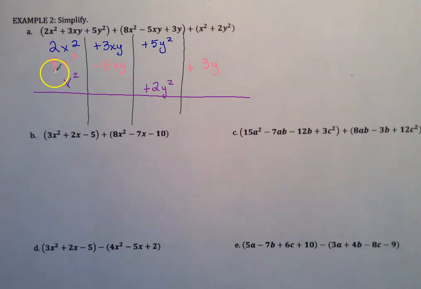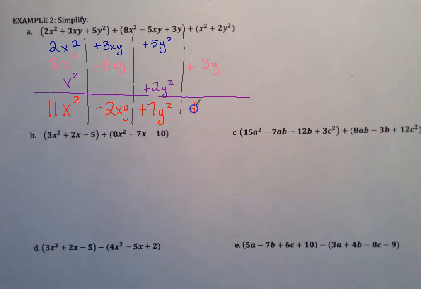So if we add up our column, 2x squared plus 8x squared plus 1x squared, 2 plus 8 is 10, plus 1 is 11. And then positive 3xy minus 5xy, that's going to give us a negative 2xy. Positive 5y squared plus 2y squared is a positive 7y squared.